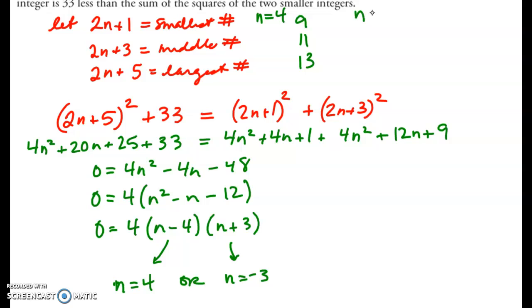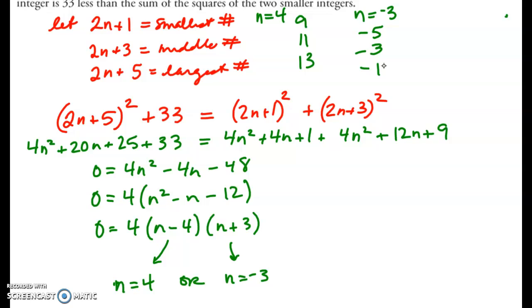And if n is -3, then our smallest number is -2 multiplied by -3 is 6, plus -5... sorry, -6 plus 5 is -1.